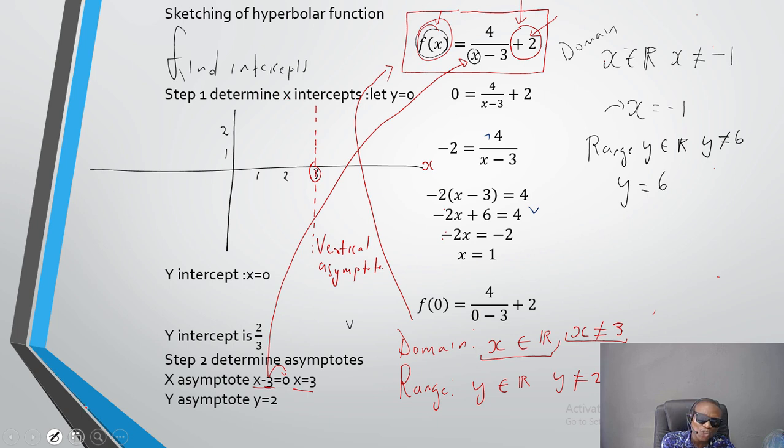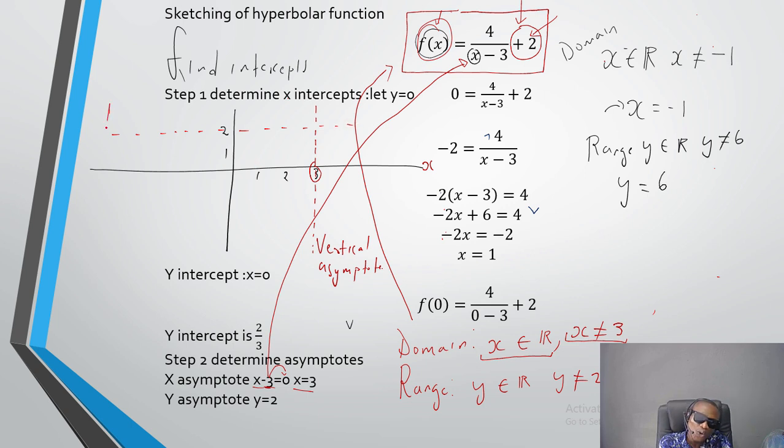What is the y asymptote? 2. So you go to 2, you show a dotted line. Did I say the y asymptote is a vertical line? No, it's a horizontal line. So a dotted horizontal line is your y asymptote.